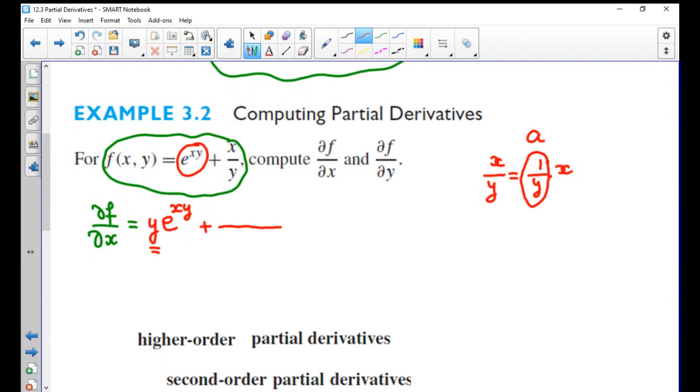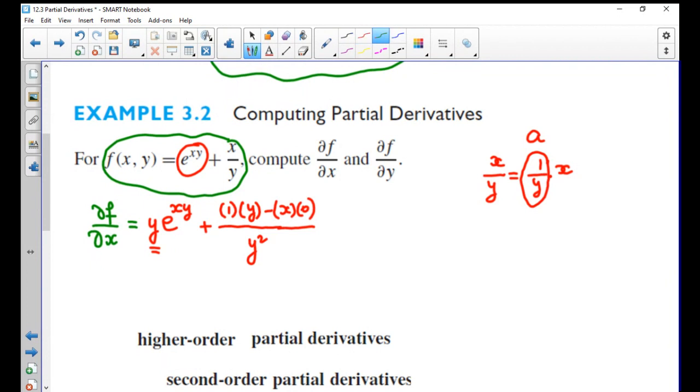U dash. What is u dash? Come on, girls. I need your attention. 1, yes? Derivative with respect to x of x is 1 multiplied by y minus x times the derivative of y, which is 0, over y squared.